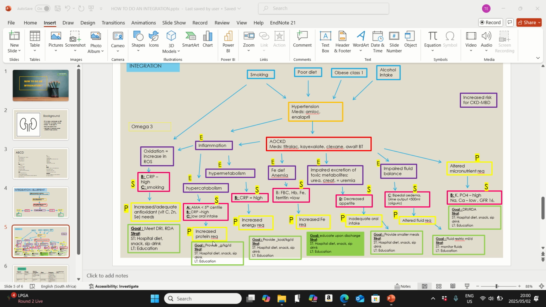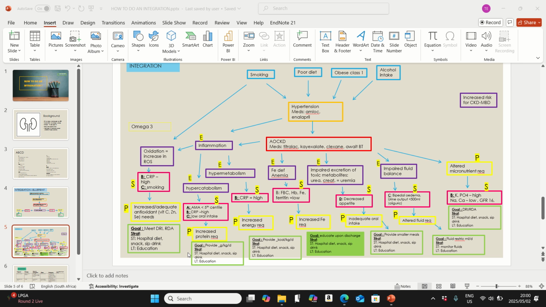So the goal is to provide, for example, for the protein, 0.8 to 1 gram per kilogram per day, because he is an acute on chronic kidney dysfunction patient. He's not yet on dialysis or anything like that. So we're doing conservative treatment. That's why I've used the ESPEN guidelines, not the KDOQI guidelines.